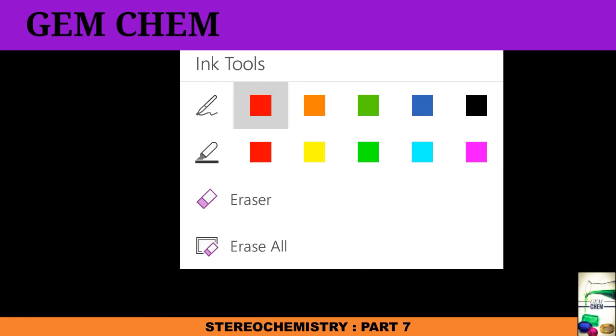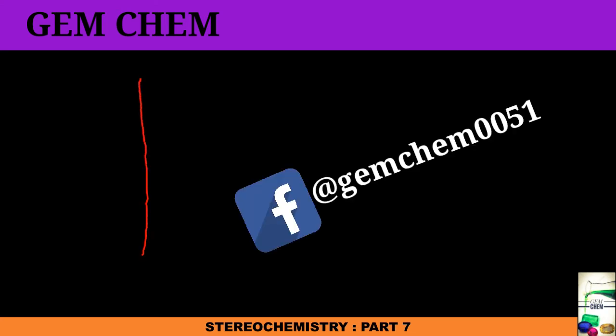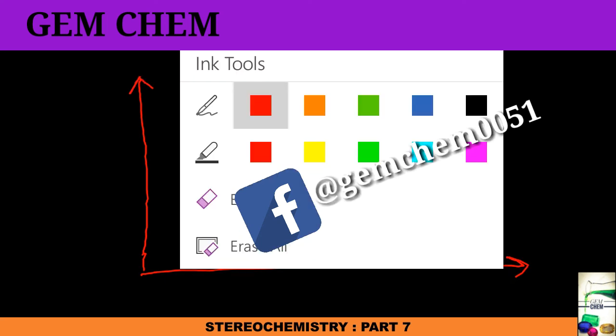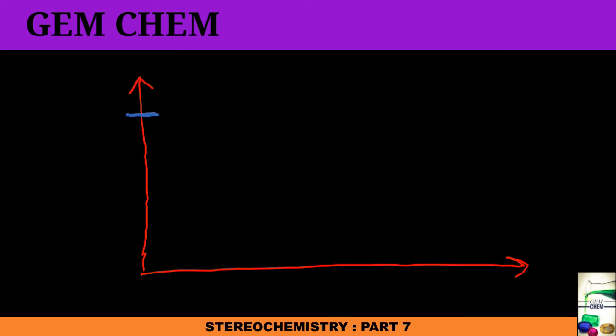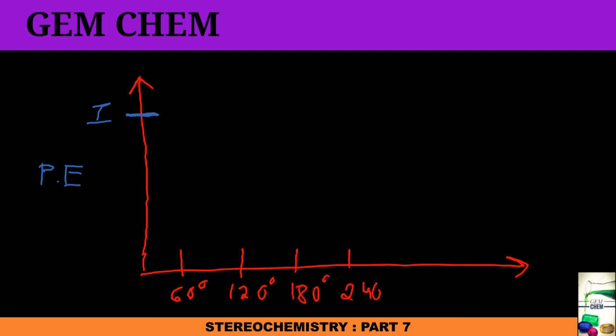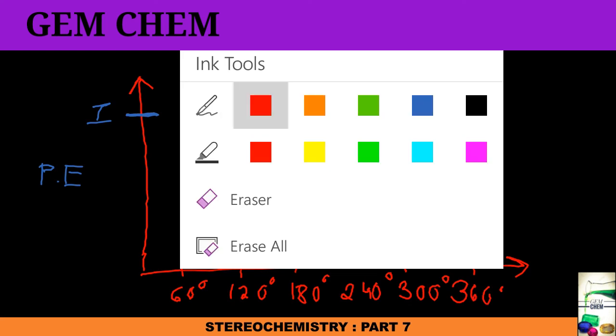So let us start drawing. So this is our graph, and here we have 1. This is the potential energy axis, and we will draw the degrees here. That is, this will be 60, next will be 120, next will be 180, next will be 240, then 300, and then 360. Right. This is 1.